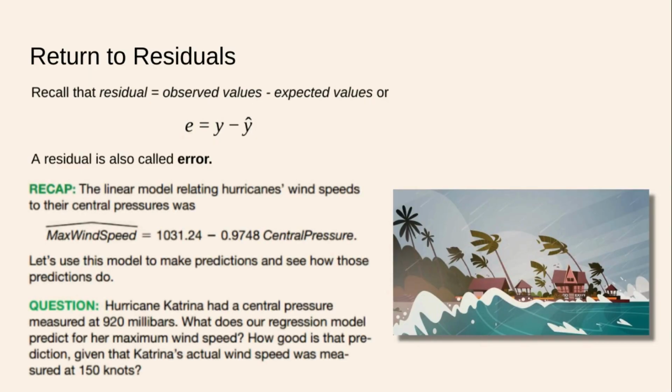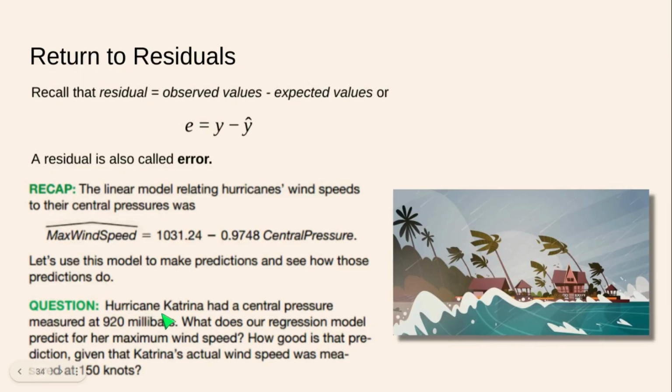So the linear model relating hurricanes' wind speeds to their central pressures was max wind speed is equal to such and such and central pressure. All right, so let's use the model to make predictions and see how these predictions do.